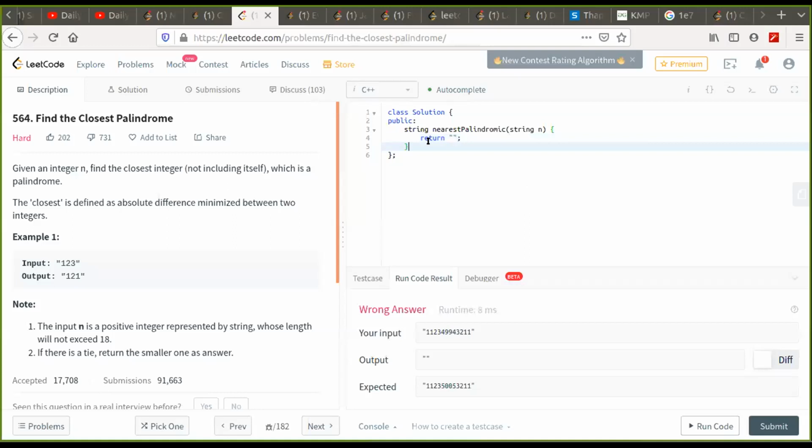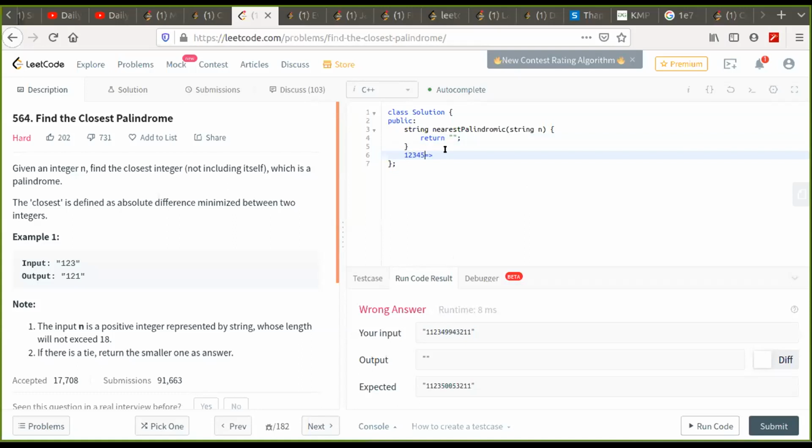Here I tried a lot of examples, and what I found was, take any number, like 12345. What we need to do is convert it into the nearest palindrome.